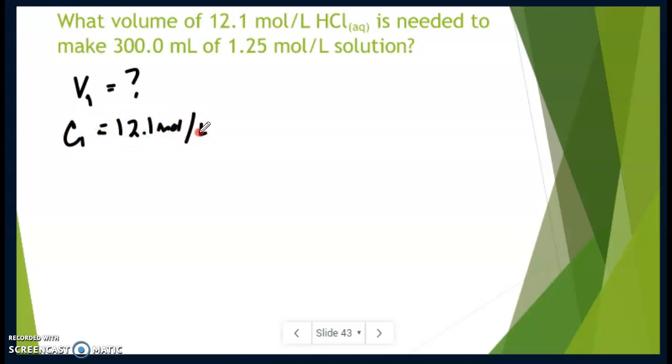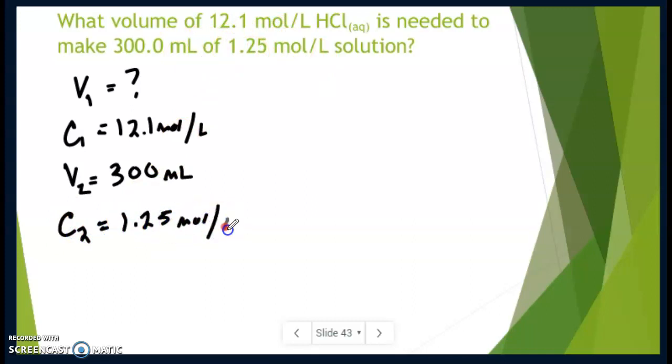Now we just have to look and say, okay, what's next? We've got hydrochloric acid, that's our compound, needed to make 300 milliliters of 1.2 moles per liter of solution. So we want to bring the volume up to a total of 300 milliliters, and the concentration we want in the end is 1.2 moles per liter.